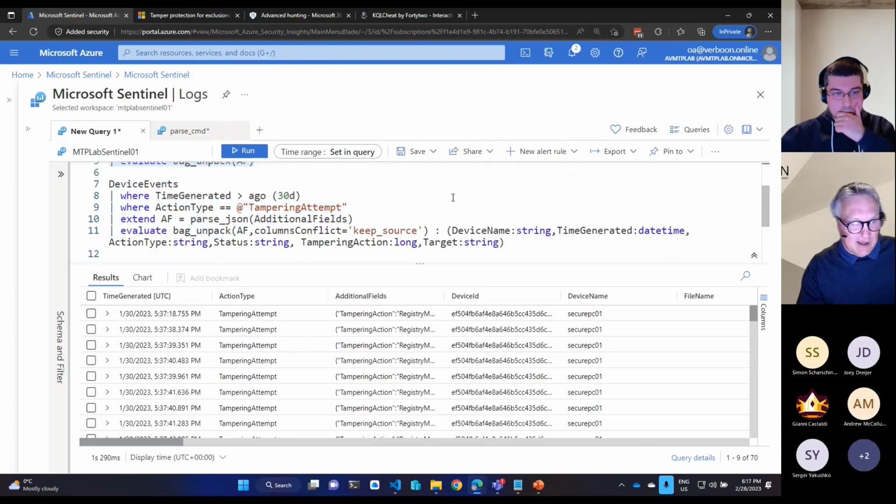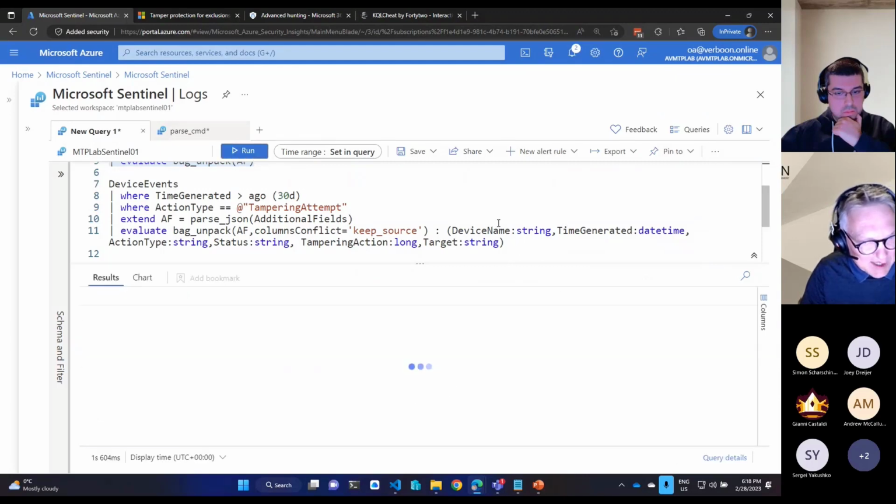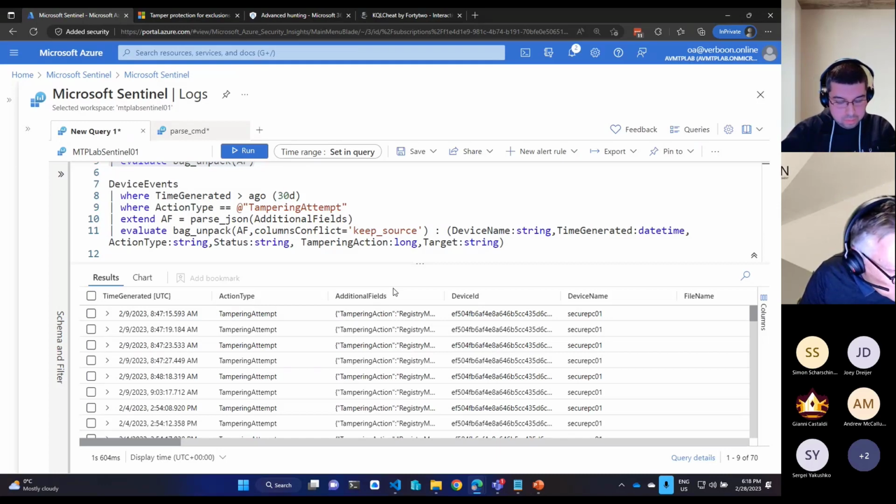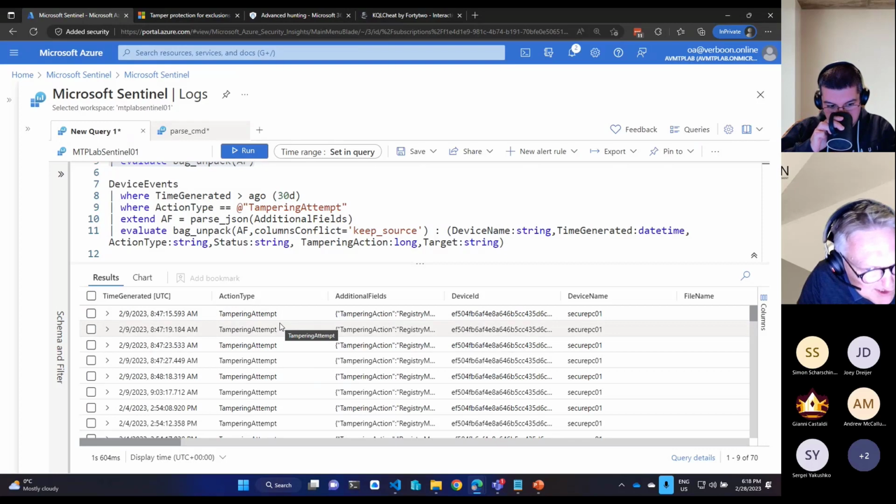So I called up my best buddy, Johnny, and he gave me a nice hint on how we can enhance the bag unpack command by using, first of all, the flag for the columns conflict to keep the source, as well as explicitly specifying the columns I'm interested in.